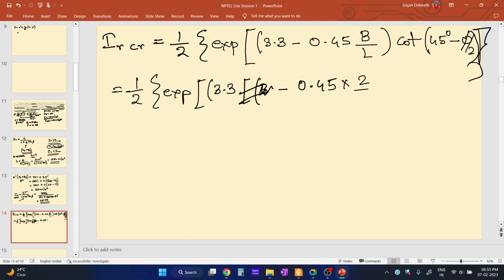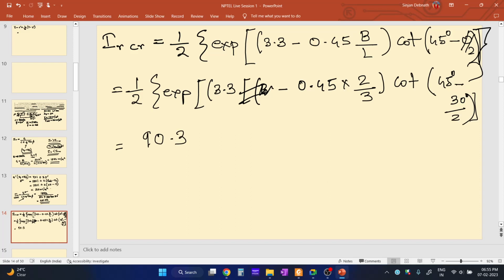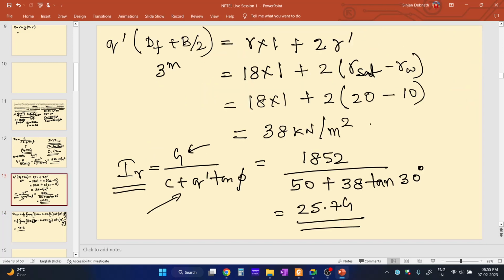It is 2 and length is 3. Cot of 45 degree minus what is the value of phi? I think it is 30 degree. So 30 by 2. If you solve this equation, we will get IRCR value 90.3. So IRCR is 90.3 and IR value is 25.74.